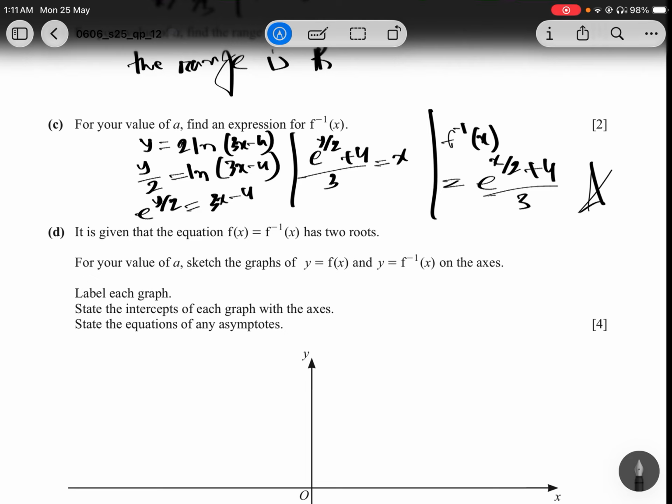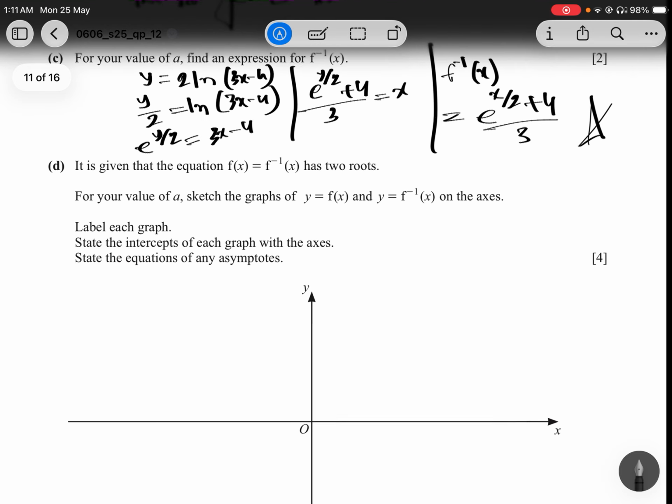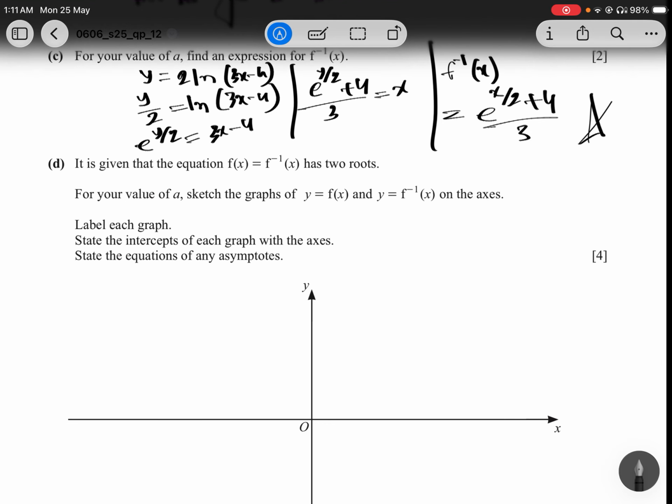Part D: it is given that f of x equal f inverse of x has two roots. Find your value for a. Okay, a is very important here. f of x and f inverse of x. Okay, no issues.